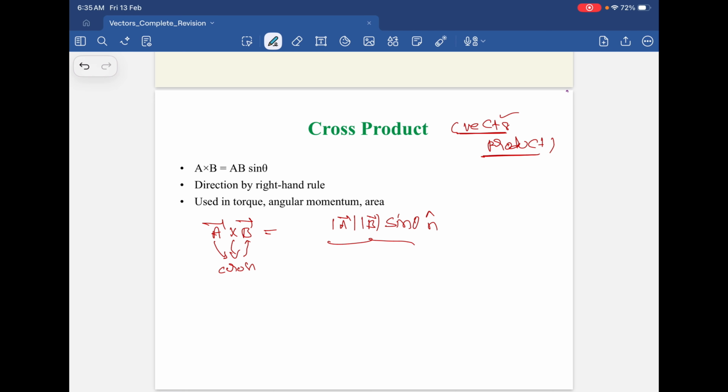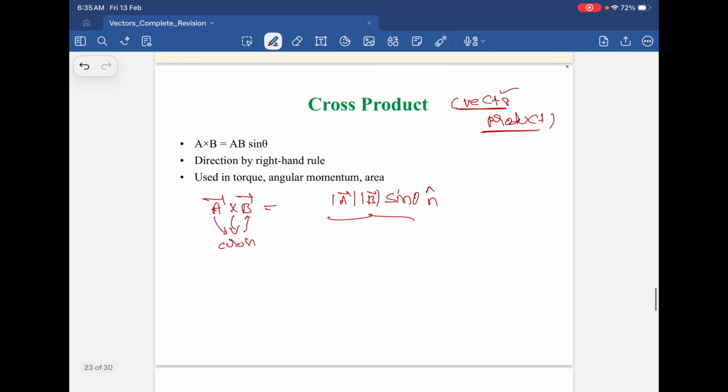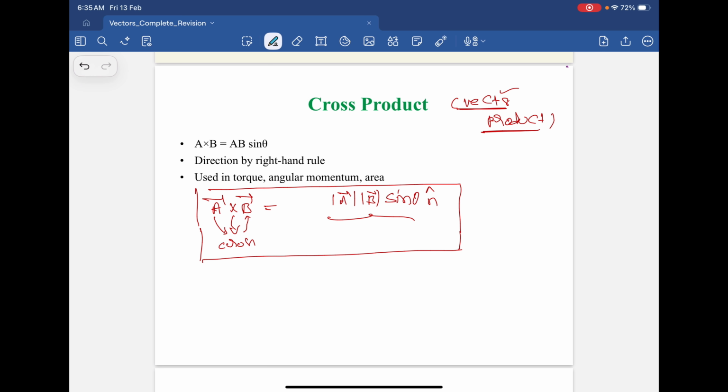So when you have two vectors A bar and B bar, the cross product is defined as A bar cross B bar. And how much is its magnitude? A bar cross B bar is mod A mod B sine theta into n cap. What is n cap? This is a direction. Whose direction does it give? It is the unit vector in the direction of A bar cross B bar.